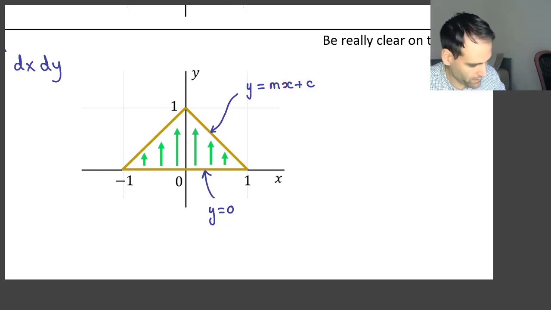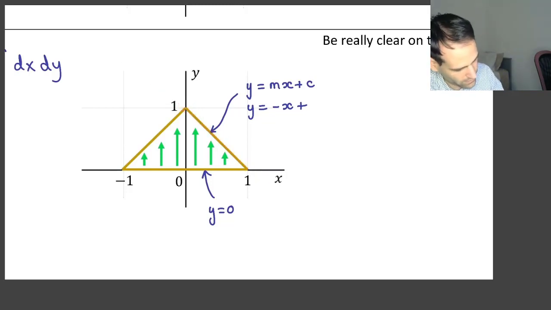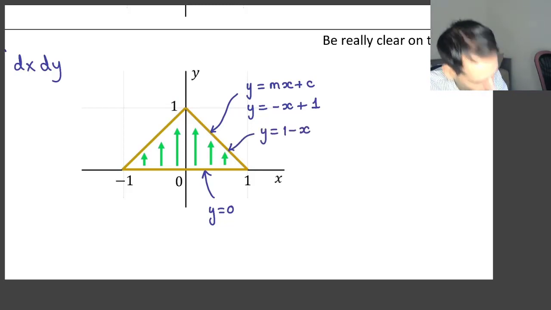The slope is defined as the change in y divided by the change in x. So the slope is -1. So y equals -1x, and then plus the intercept. What is the intercept of this line with the y-axis? It intercepts the y-axis at y equals 1. Therefore the intercept is 1. Okay, so basically this is the equation y equals 1 minus x.